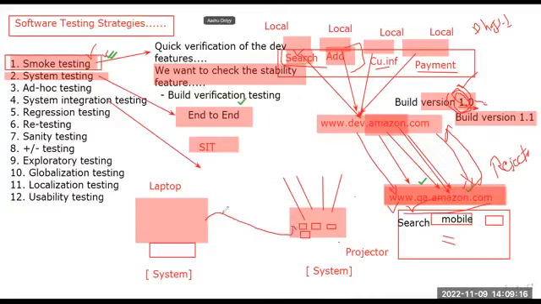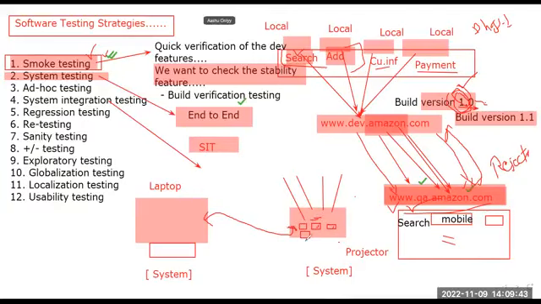If you connect it, then only you can say that the projector is in working condition, and whatever features we have in this projector, everything is working fine. If you do not connect it, can you test this projector properly? It will not show anything, and you will not get to know whether features like zoom in and zoom out are working properly.